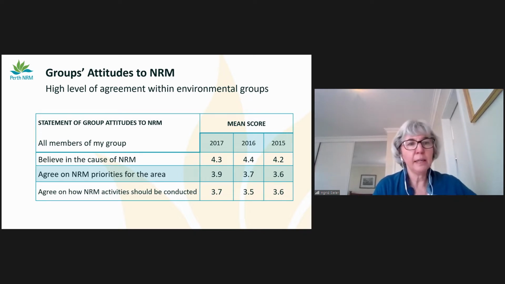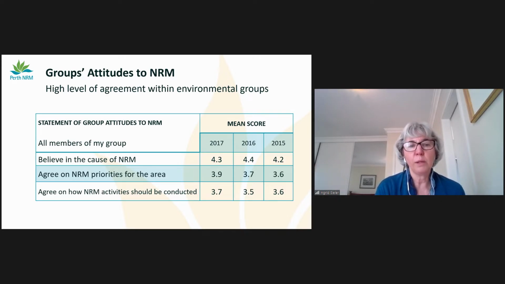So this next slide, what we wanted to do to understand how the groups function and how well they can work together is to understand, in terms of the motivation and their attitudes towards natural resource management, how cohesive are those groups?